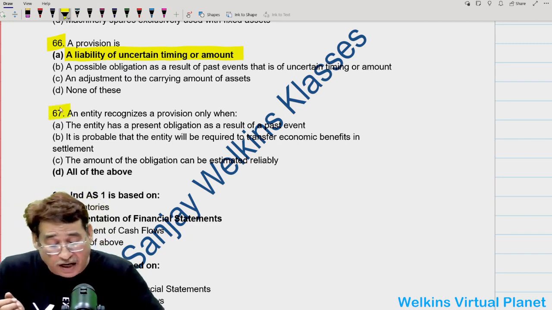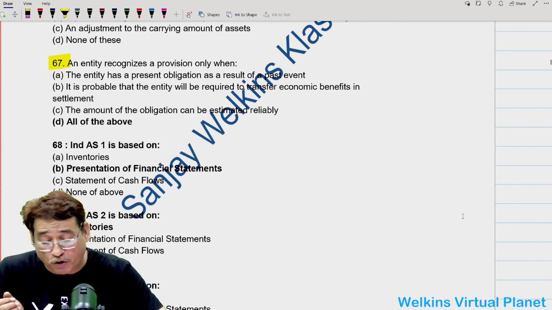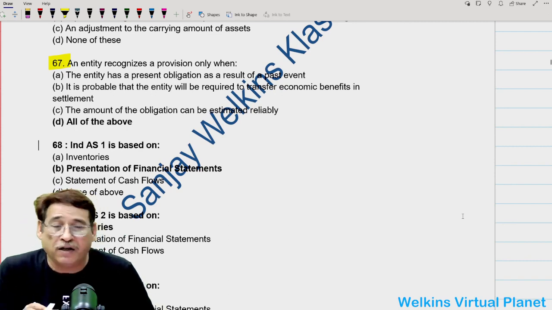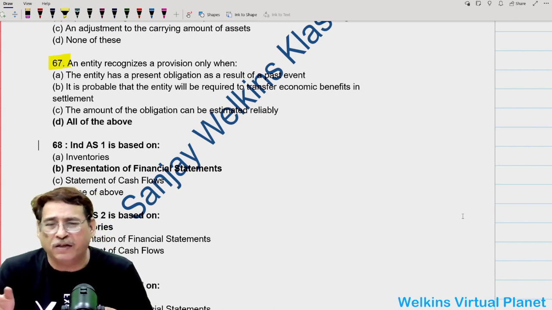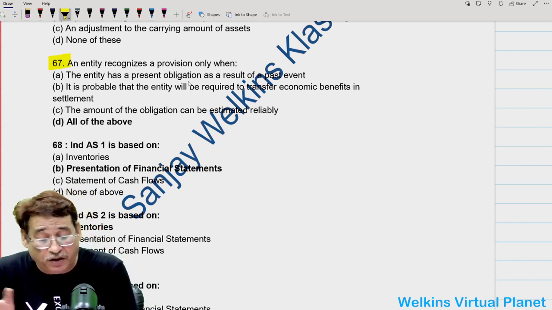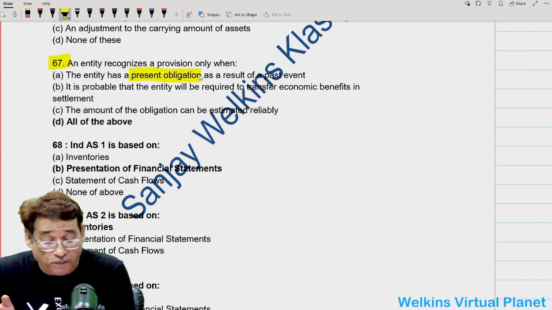An entity recognizes a provision only, and so many times I have talked about that under AS 29 and under Ind-AS 37, because AS 29 and Ind-AS 37 are absolutely the same. There must be a present obligation, correct?